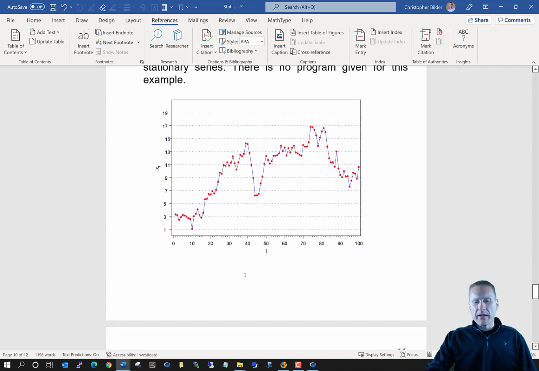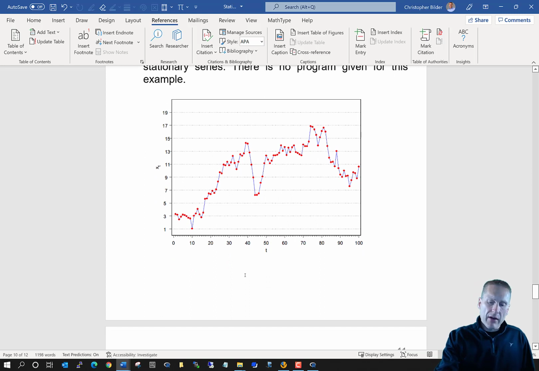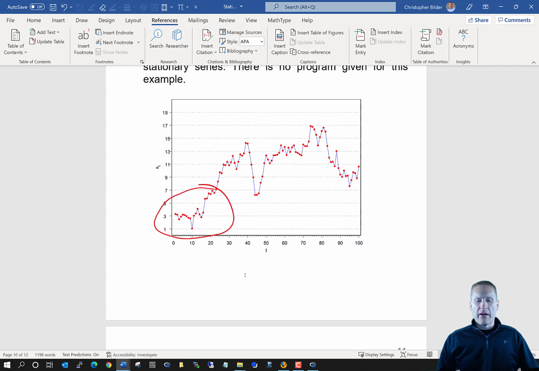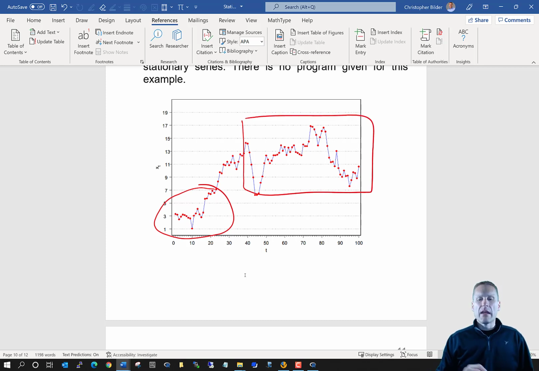So in this particular plot, notice how I have a number of time points with values kind of low relative to x of t, or the y-axis. Then I have a number of them that are kind of high. So suppose we say mu sub A and mu sub B, where maybe we have two different time series essentially that have been put together.